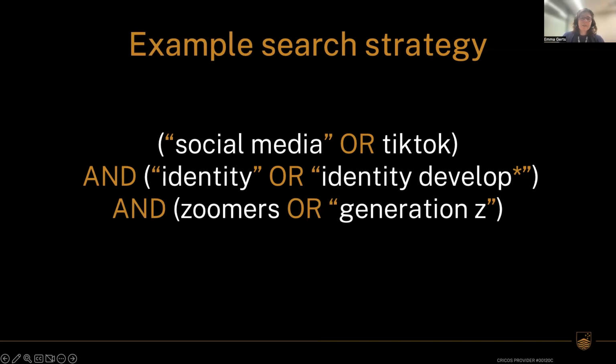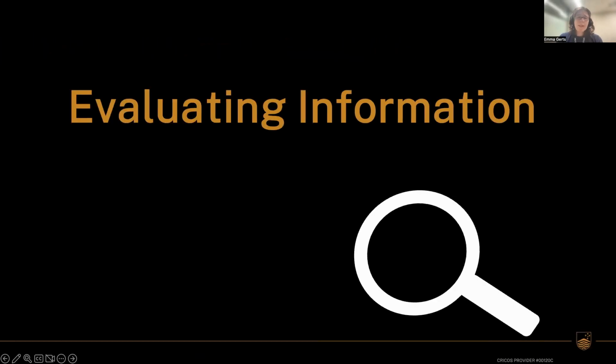All right, so now we have thought through our research process. We've decided what information we need, formulated our research question, and constructed a search. And now we have a bunch of results. The last thing that we need to do before we start incorporating those results into our research paper or our essay, or whatever it may be, is to evaluate those sources.